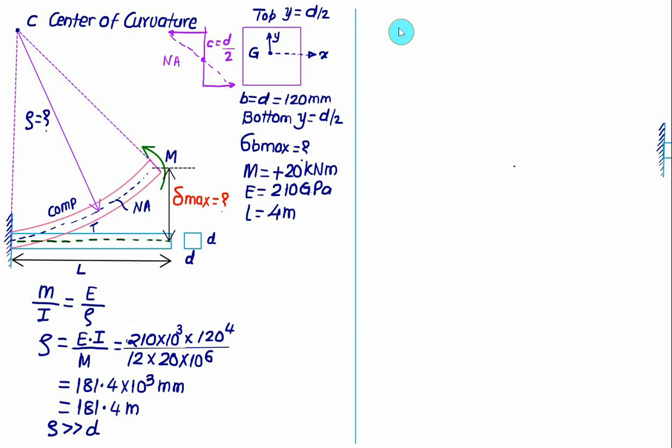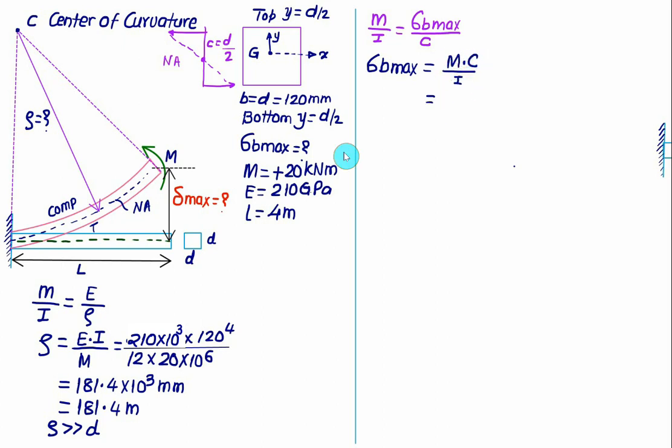Again we use the flexure formula, M divided by I is equal to sigma B maximum divided by C. The maximum bending stress, sigma B maximum, is equal to M multiplied by C divided by I.